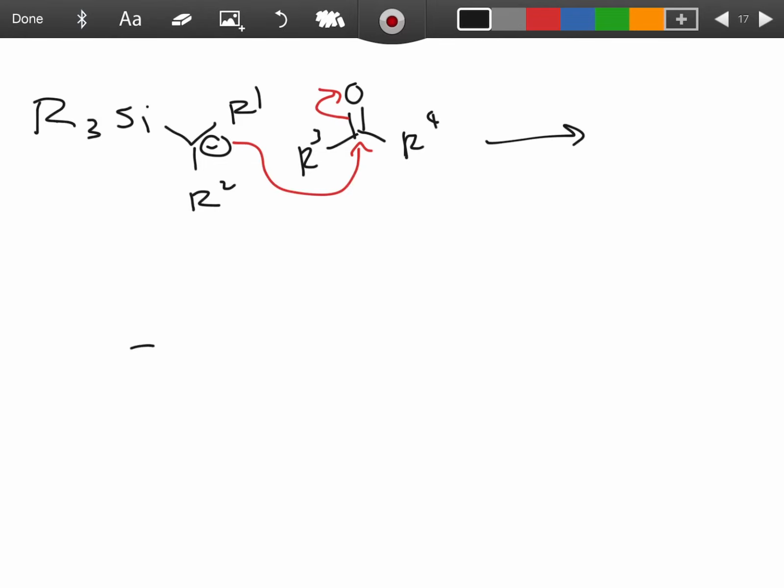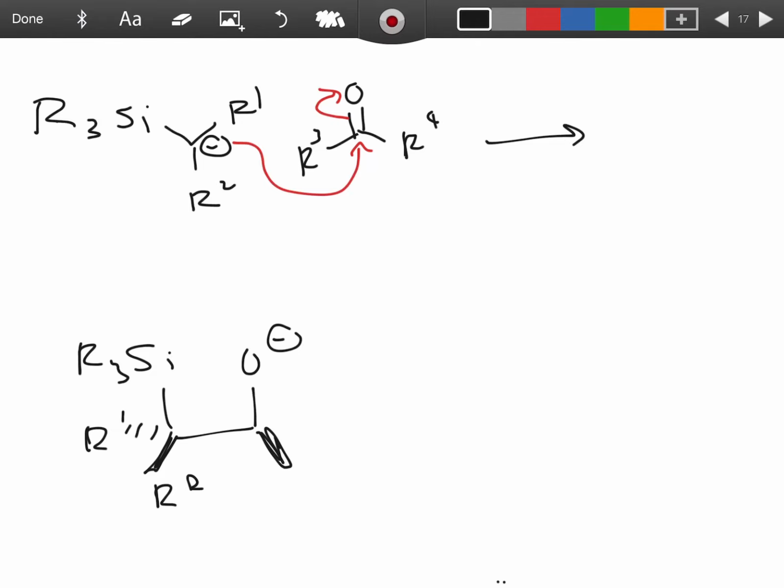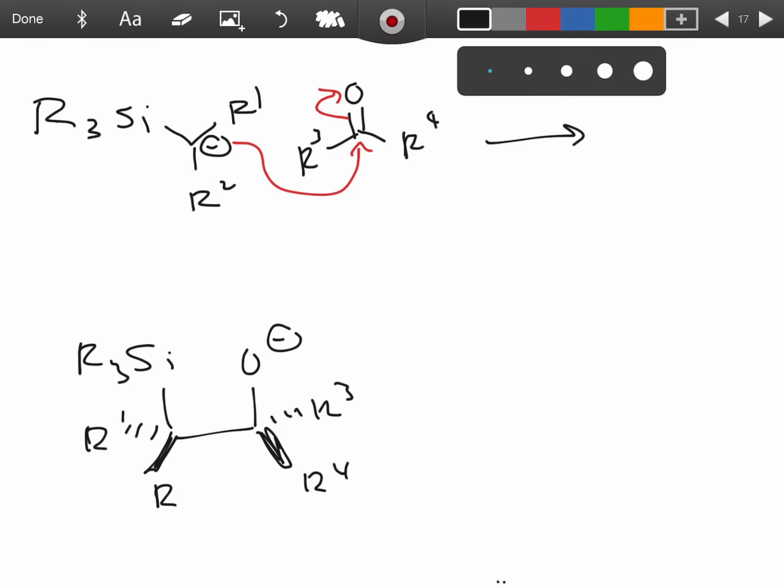And now we're going to get, what is it called, 2 diastereomers. So you're going to have the diastereomer where you have R2 and R4 on the same side.